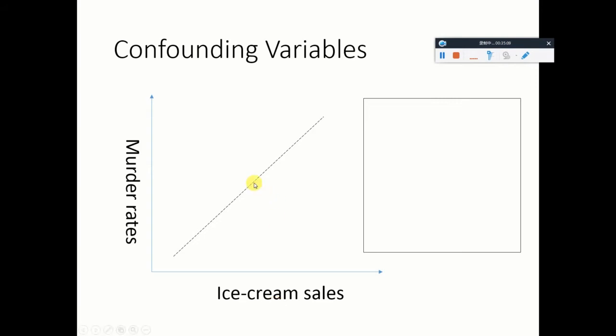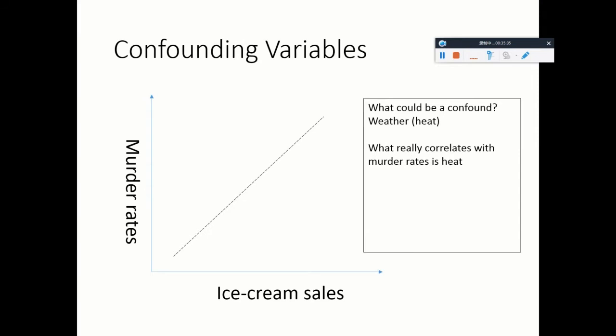Okay? So again, I'll give you a few seconds to consider what this third variable could be. You can pause, but if you're ready, the third variable, as some of you or all of you might have guessed, is heat.